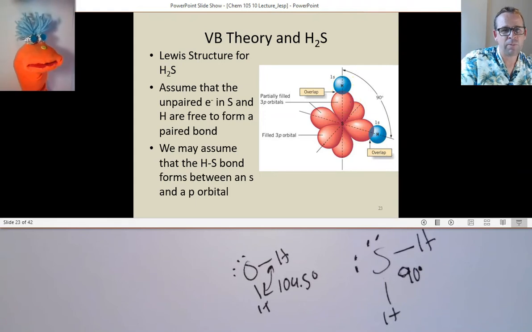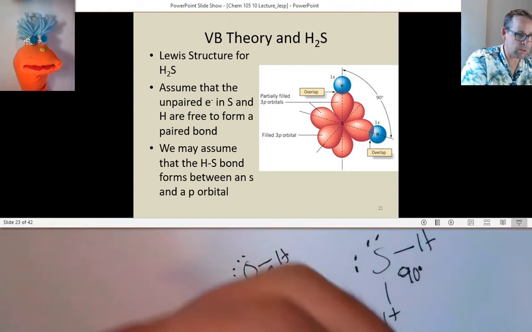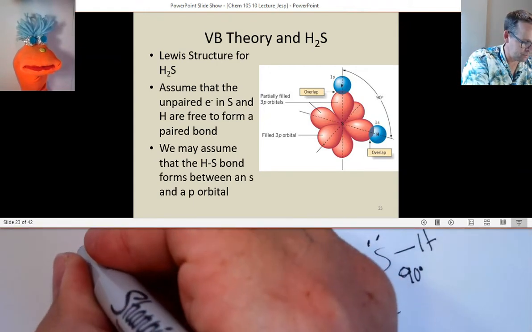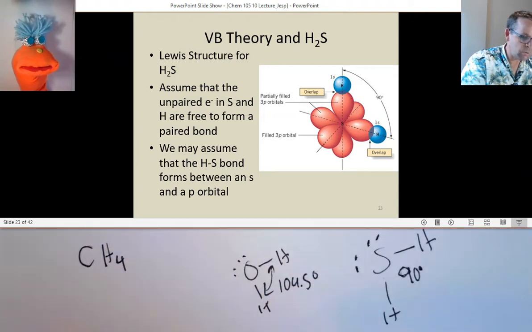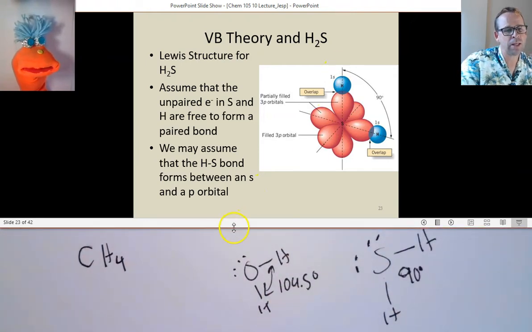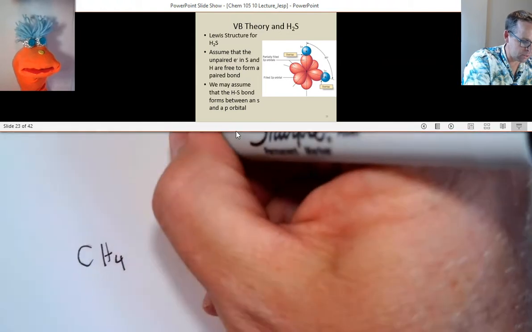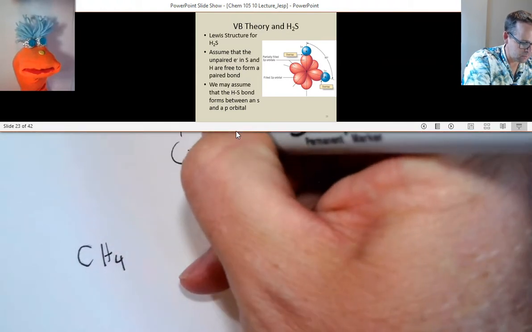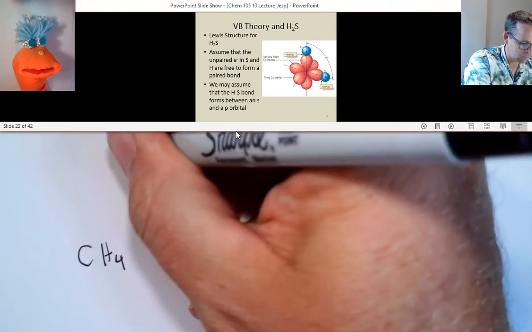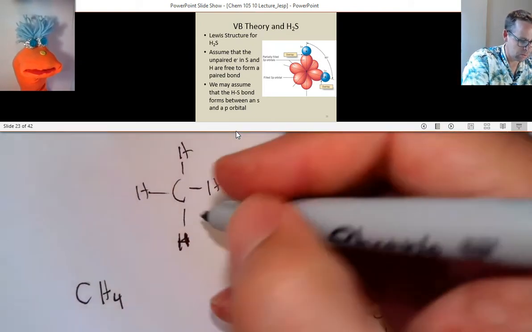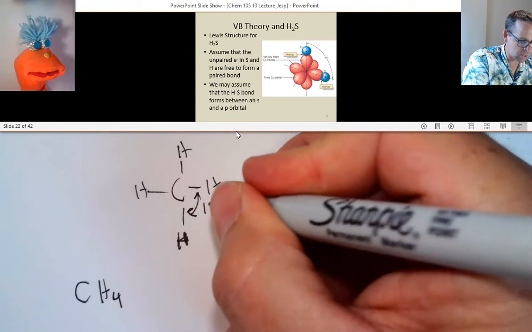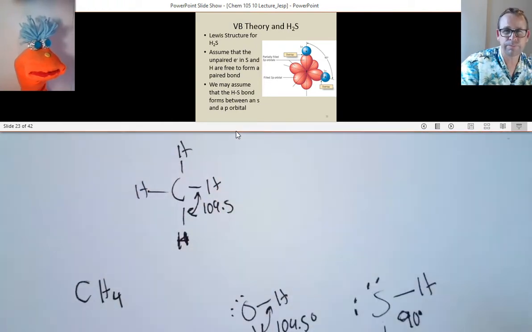However, valence bond theory doesn't work when we look at something like CH4. We're taking carbon and 4 hydrogens, and the angle here is a very strict 109.5.